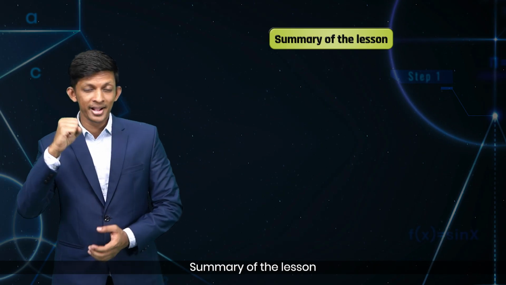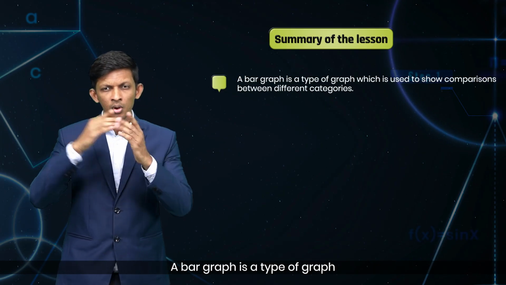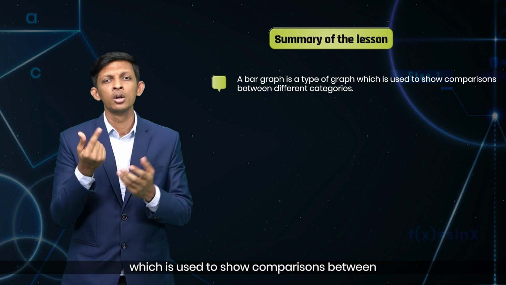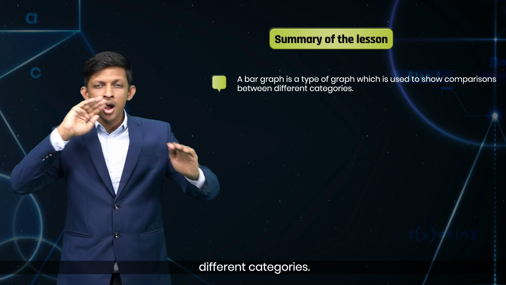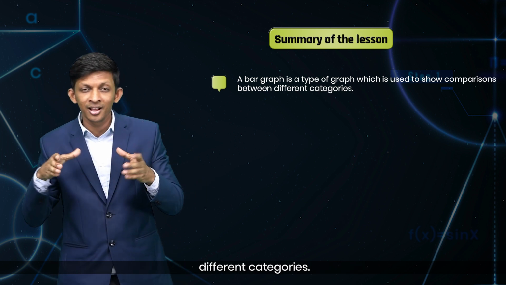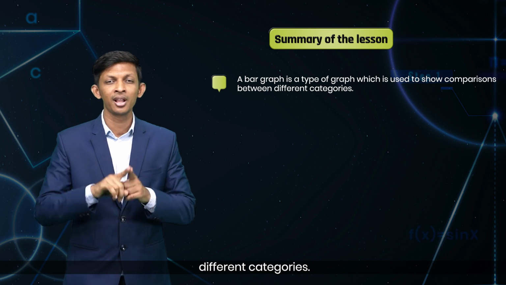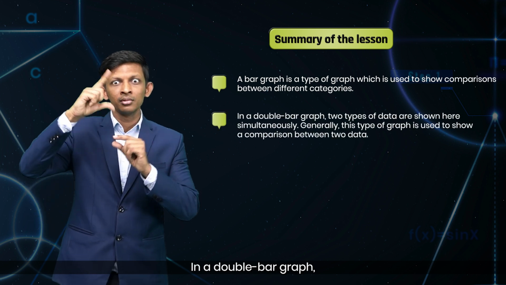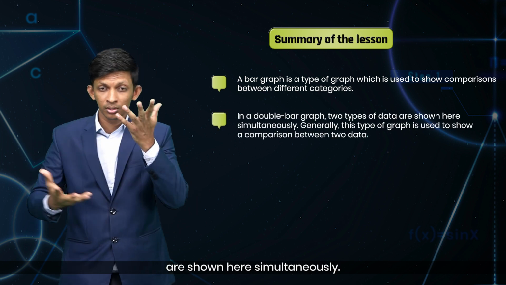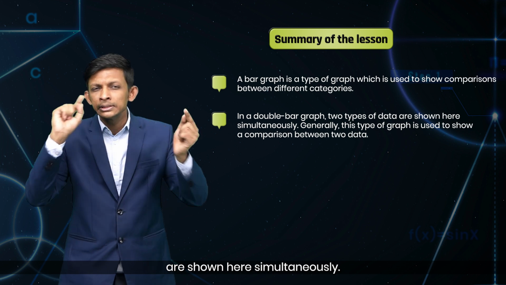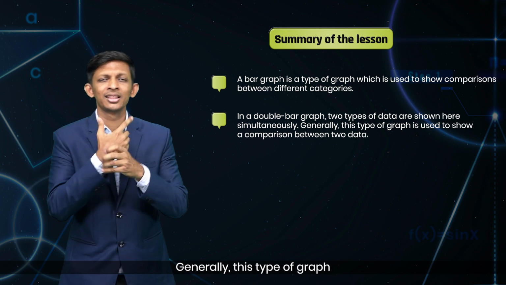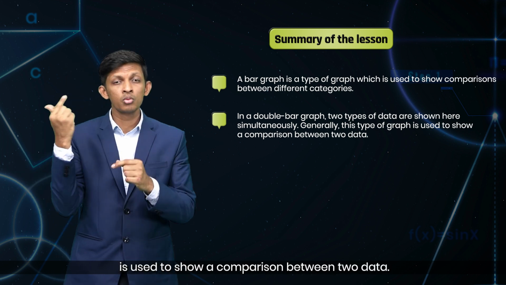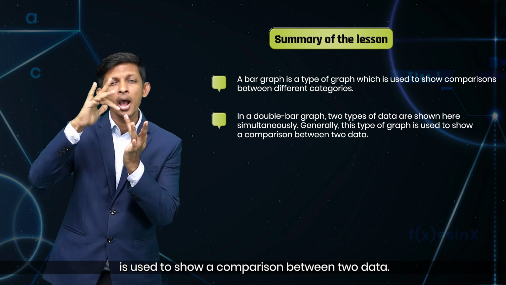Summary of the lesson. A bar graph is a type of graph which is used to show comparisons between different categories. In a double bar graph, two types of data are shown simultaneously. Generally, this type of graph is used to show a comparison between two data.